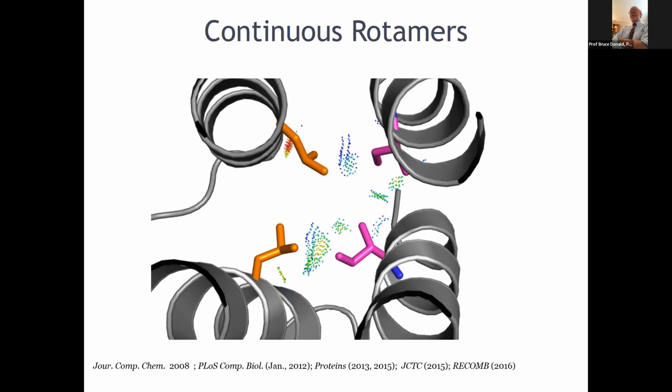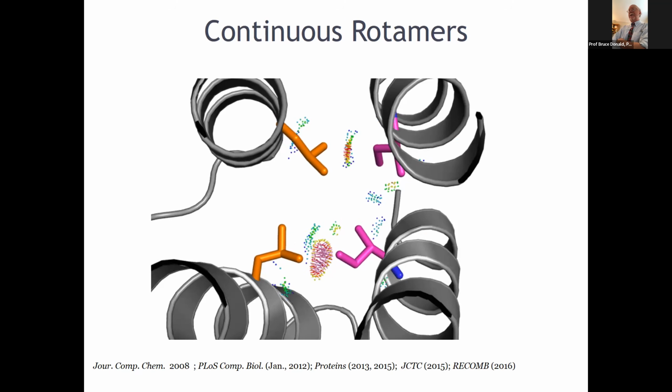And what we've done here is we're just slightly rotating these side chains. What you can see here are probe dots from the Richardsons, and when they go red, it's a clash, and when it's green and blue, it's a very good interaction. So slight changes in the energies here can make a huge difference. And that's why there's both a discrete and a continuous component to modeling these conformation energies.